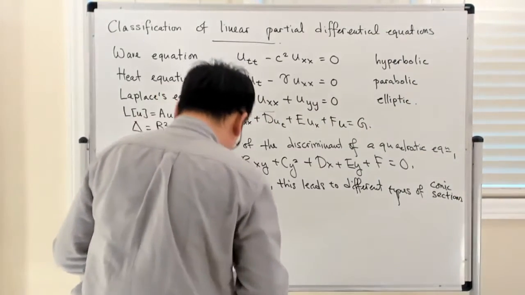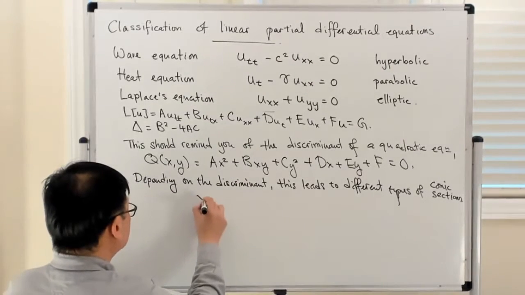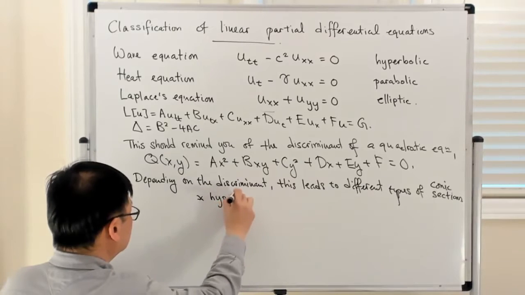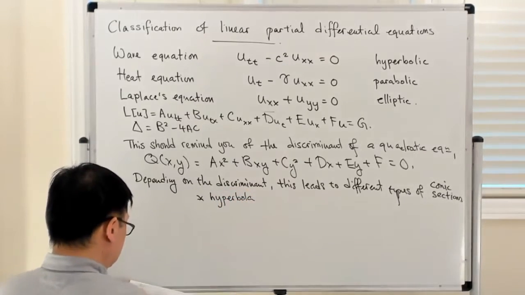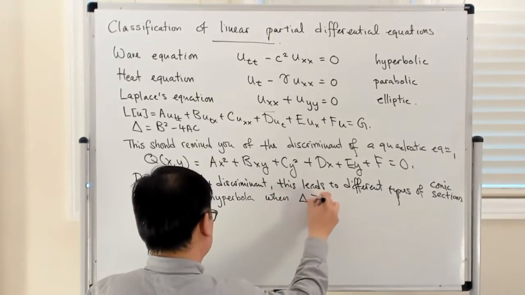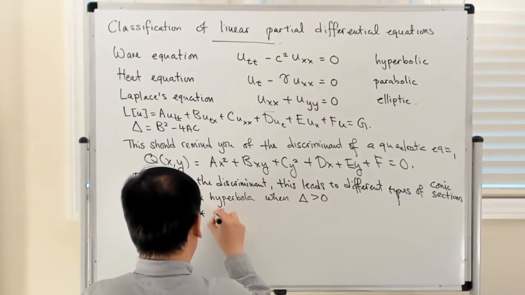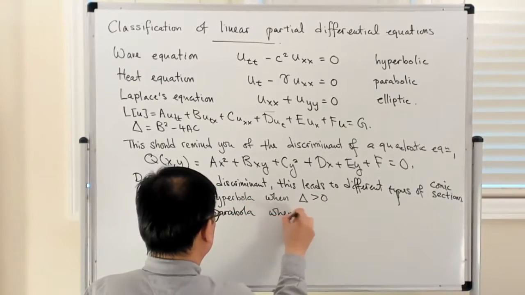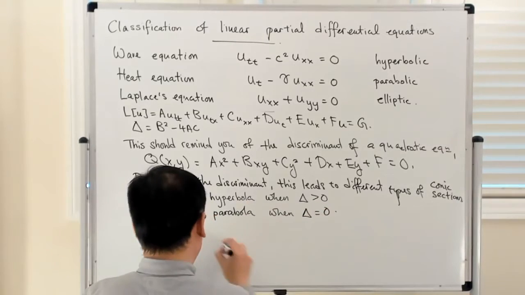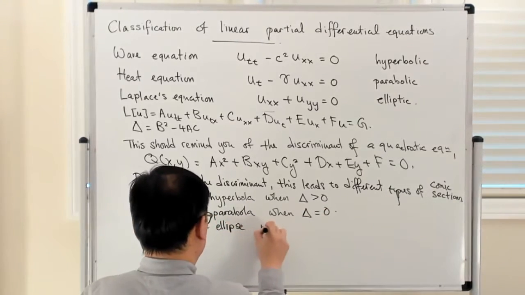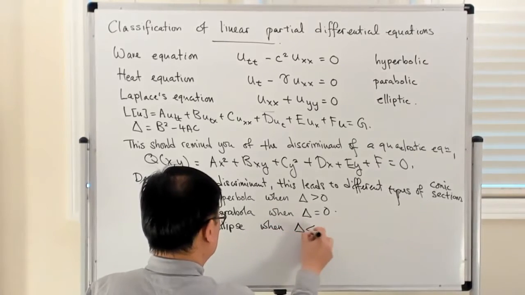Okay, so as an example, you get a hyperbola when your delta is greater than 0. You get a parabola when delta is equal to 0, and you get an ellipse when delta is less than 0.